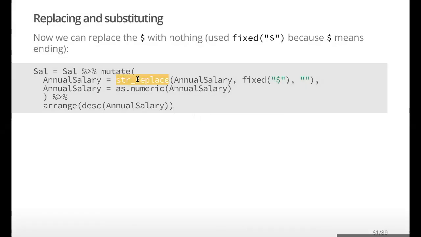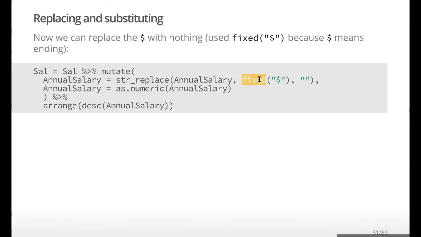Here, what we're doing is a mutation where we take the annual salary and replace it with the output. If we took the annual salary vector, we say fixed. Every time you see a dollar sign, replace it with nothing, aka take them out. And we had to use fixed here because, again, dollar sign is a special character. If we just said dollar sign, it would try to replace the end of every single element in there with nothing, and that's not what we want to do.